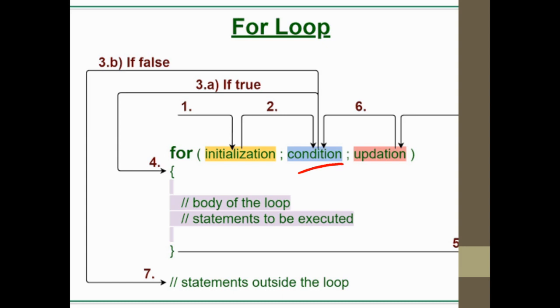So the condition is nothing but the end point where you want to stop your for loop. One thing I already told you: if your variable satisfies the condition, then it will execute all these statements, and after that it will go for the updation.